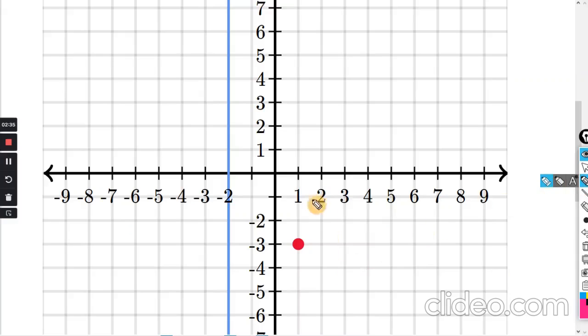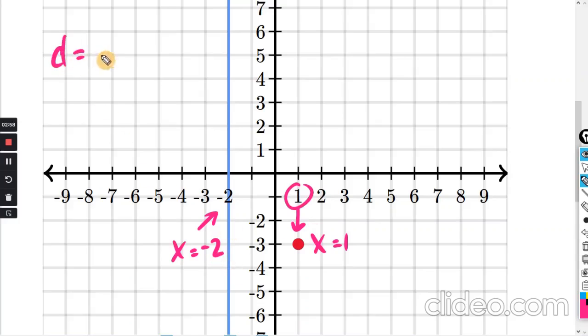And if you want to do it mathematically, this point right here is at x equals 1. And this line right here, they gave it to us in the write-up. This is at x equals -2. So take the absolute value of the difference.